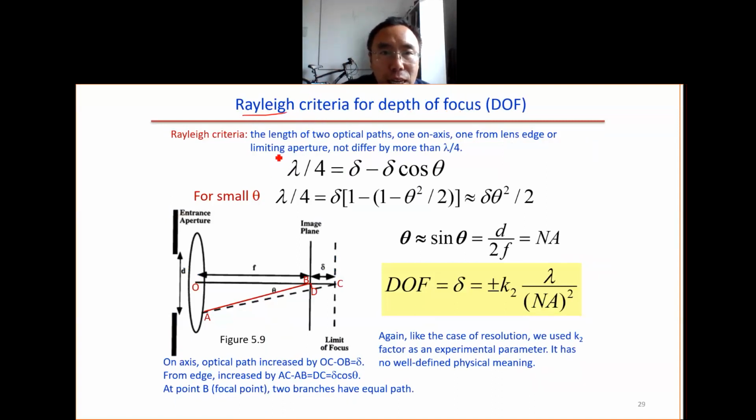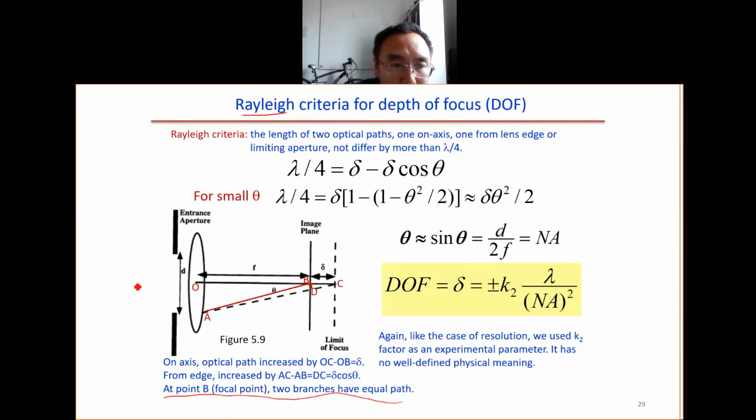He said that the lengths of two optical paths, one on axis, one from the lens edge or limiting aperture, should not differ by more than lambda over 4. So what does this mean? For example, at point B, the focal point, the two branches have equal paths.